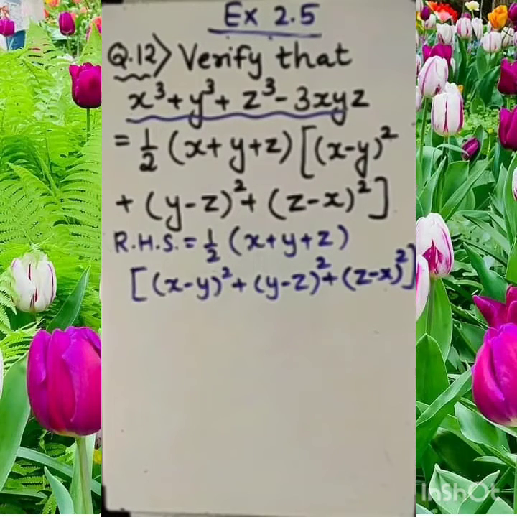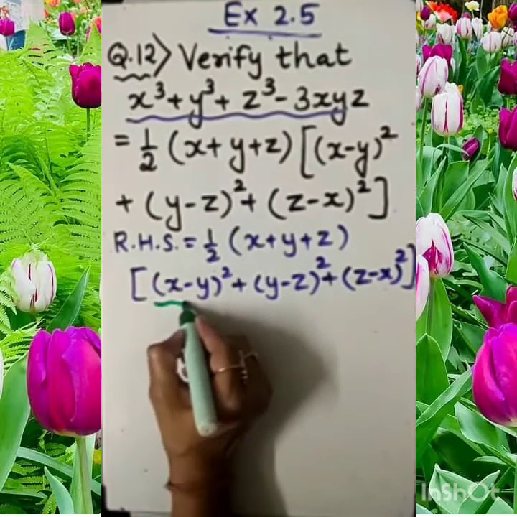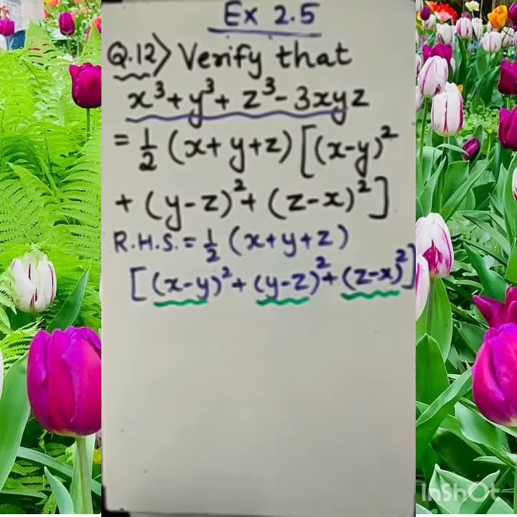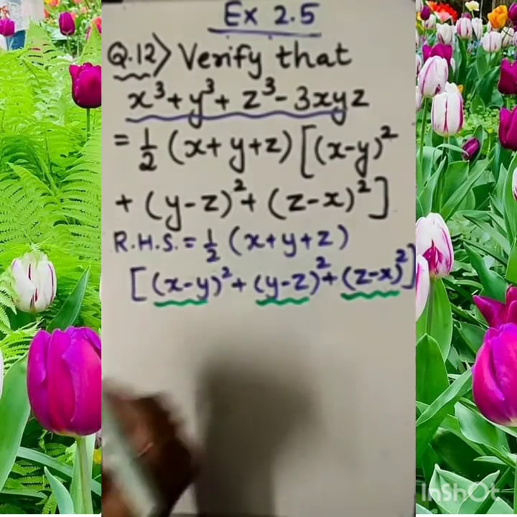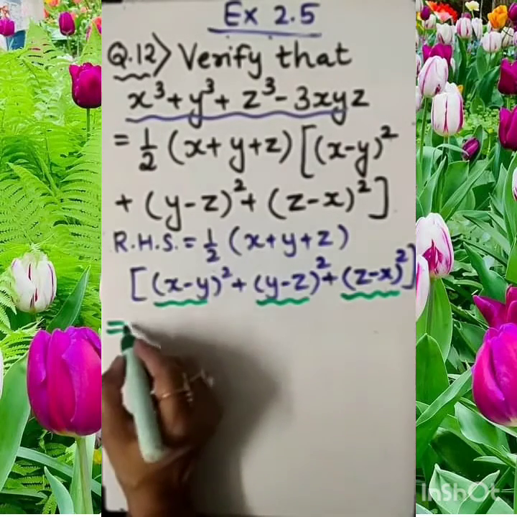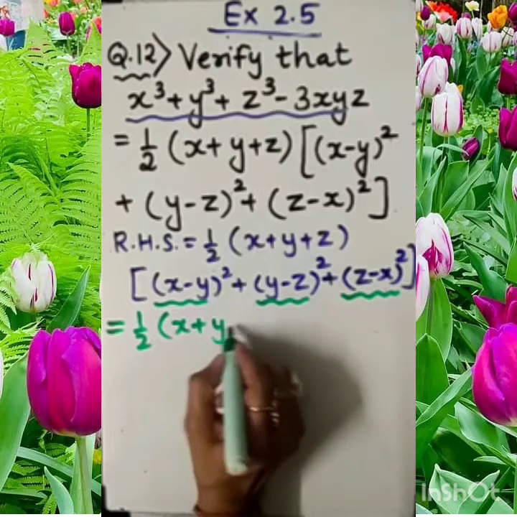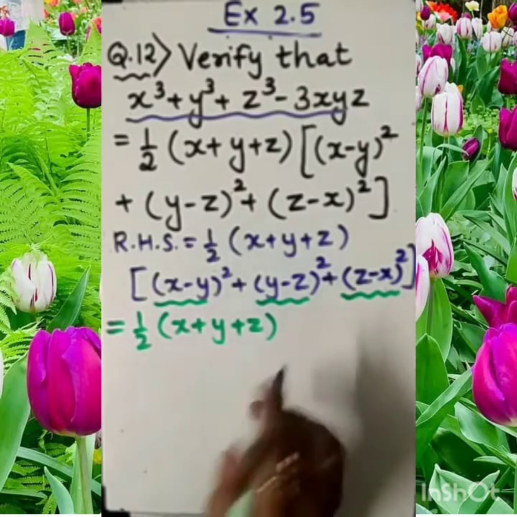So dear student, how to solve this? We need to focus on these three terms. This is the squaring of a binomial. You know very well, the second identity we need to apply here. Equal to 1 half x plus y plus z, let me keep it as it is.